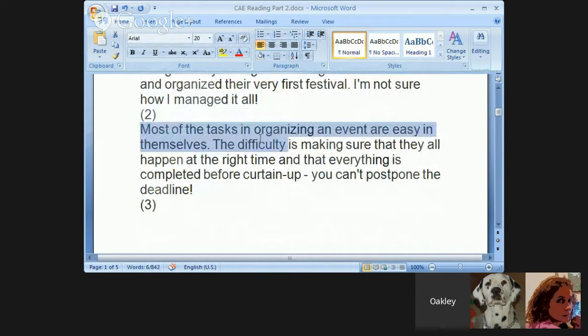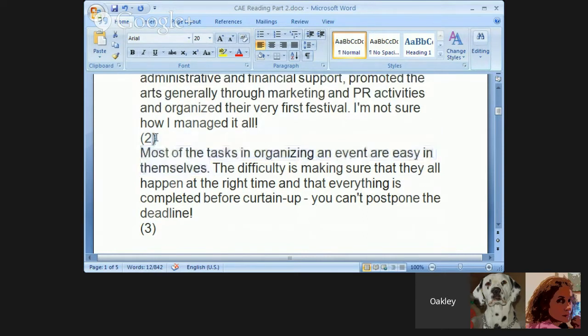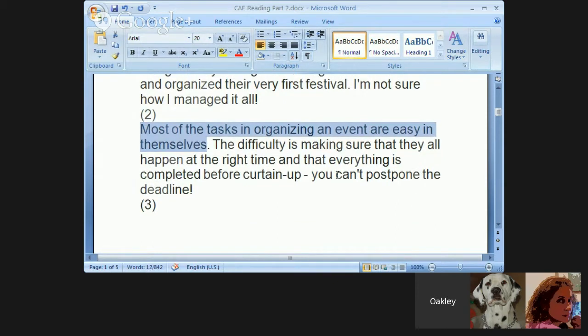Most of the tasks in organizing an event are easy in themselves. So maybe 2 has more to do with the next paragraph. Maybe he's going to talk about the tasks in organizing an event, because this seems to be a general statement, sort of a summation.